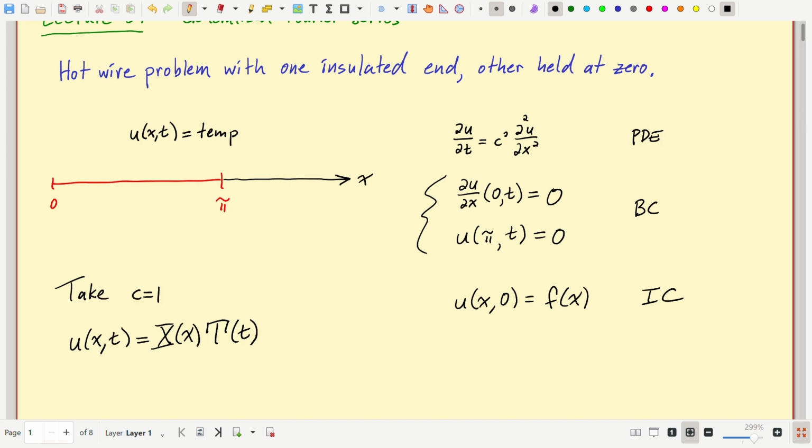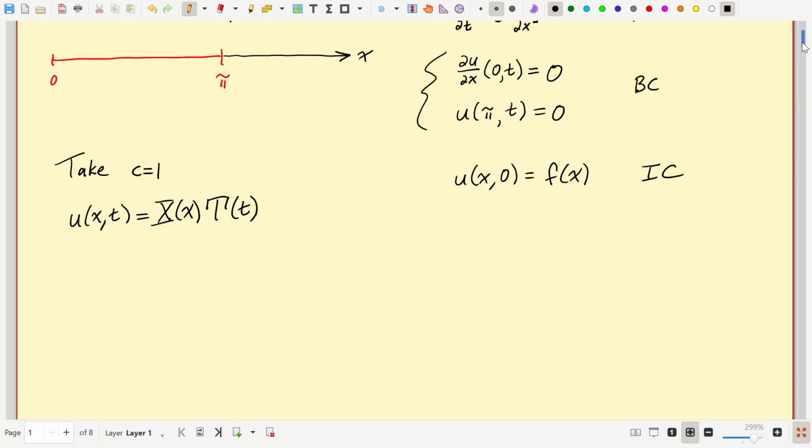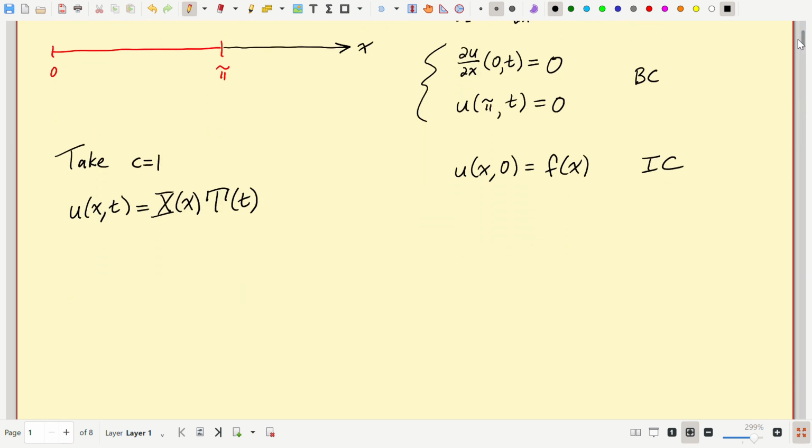And when you plug that into the differential equation, the PDE, that would be du/dt equals, I'm taking c to be 1, d2u/dx squared.